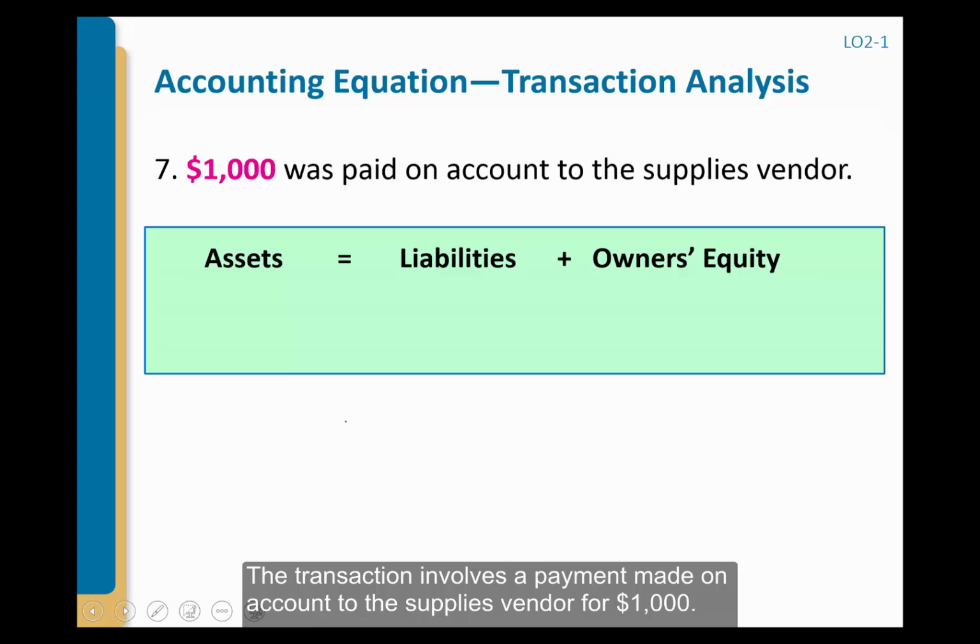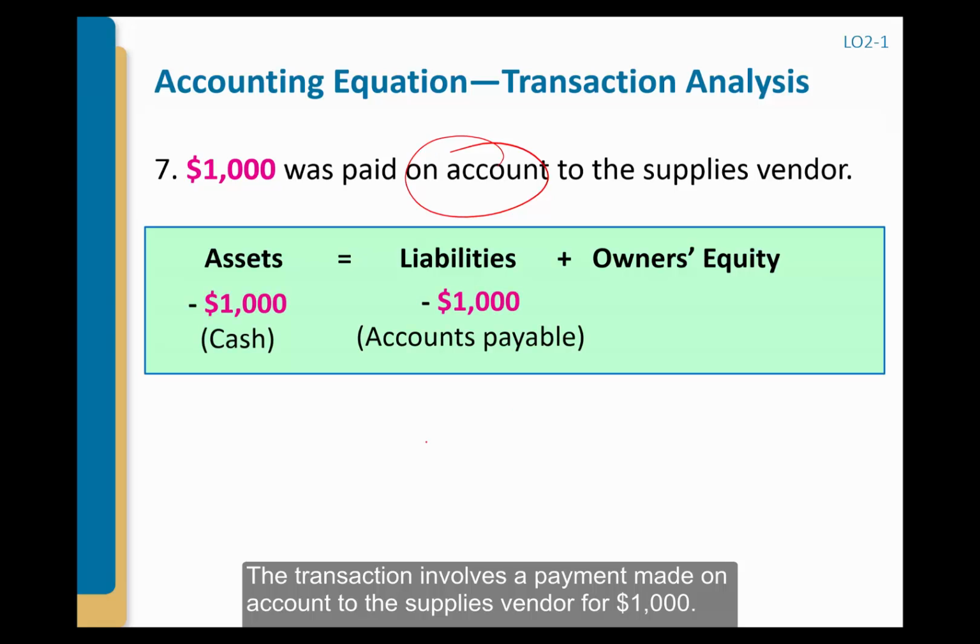Now here we paid on account the supplies vendor. Remember, always find out what's happening to cash. So if you have cash and you paid it, that's $1,000 less. And since it says on account, it's accounts payable. So notice there's no expense here. You record the expense when it's incurred, and then when you pay it, we're doing accrual basis accounting, then you just debit your accounts payable.